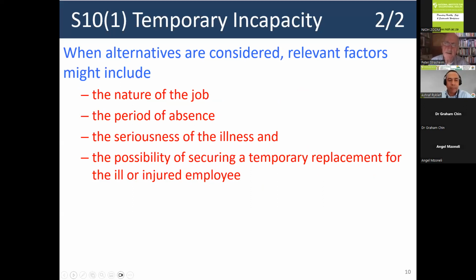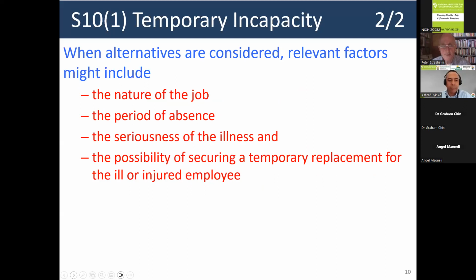The employer, assisted by the union and the medical practitioner, and the OT must consider relevant factors, which are the nature of the job. So, of course, a job description will be needed there. Sometimes if there isn't a job description, one devises or creates one by interviewing the employee to establish what they actually do.